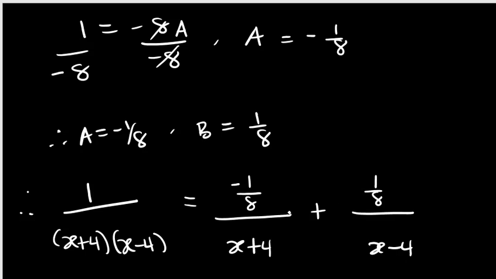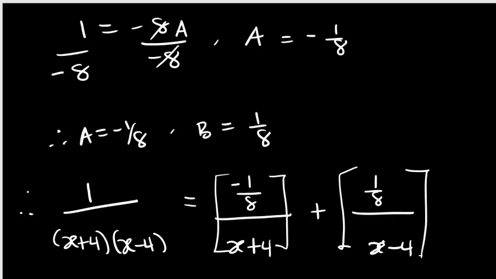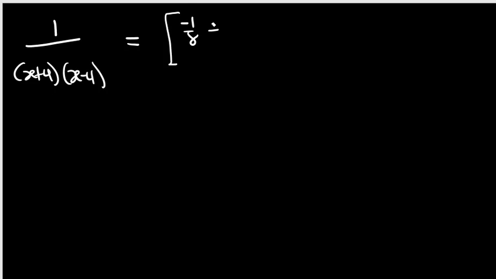You don't end here. You simplify this further. Then you simplify this one too further. Okay, so we'll be having 1 over x plus 4 x minus 4 being equal to, you have negative 1 over 8 divided by the x plus 4.